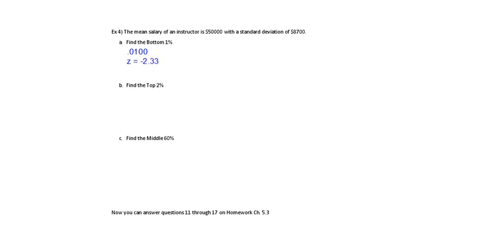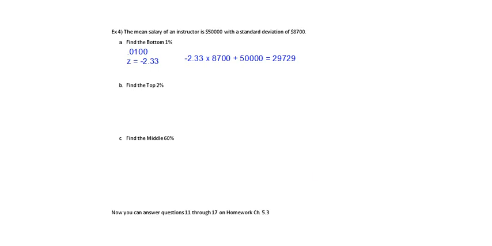Now we can use our formula. So negative 2.33 times 8,700 plus 50,000 is equal to 29,729. All right, very good.